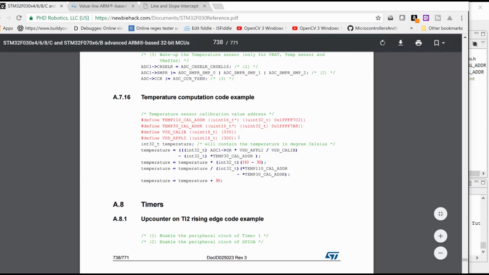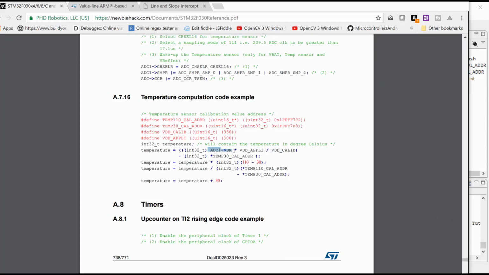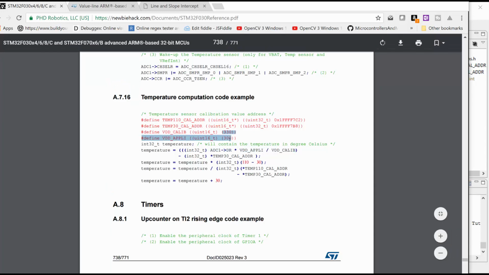This part, the calibration and the apply, not really sure why they're using these 300 and the 330 and the 300, and how they're using it, because first they're taking the raw data and they're multiplying it by the division between these two, and then they're subtracting the temperature from that.